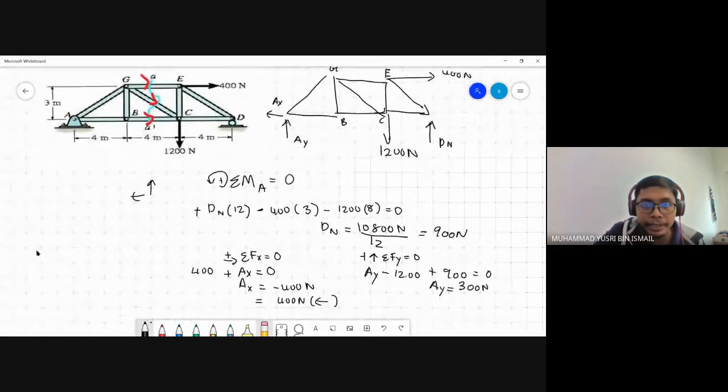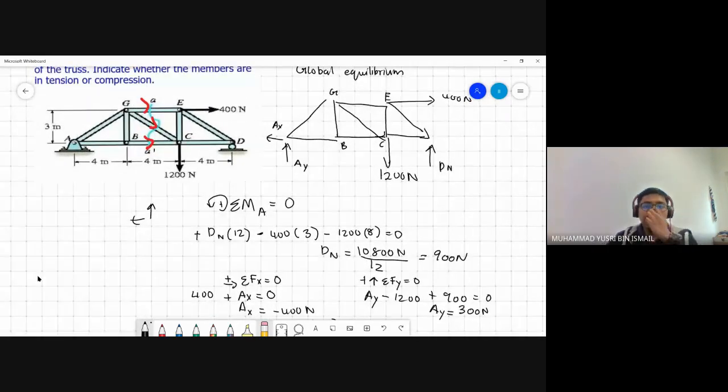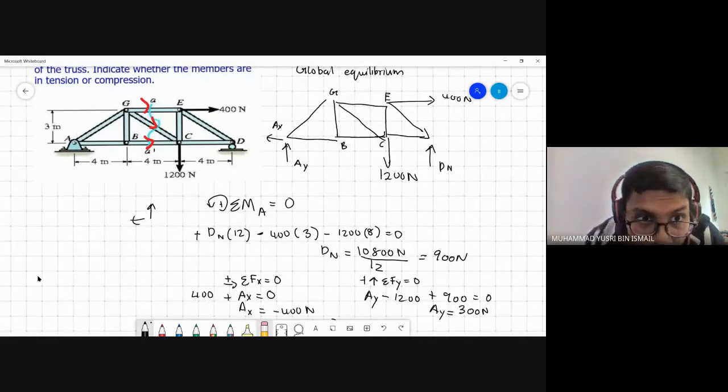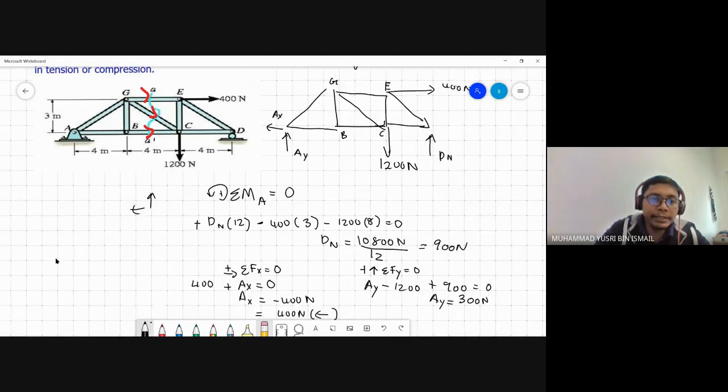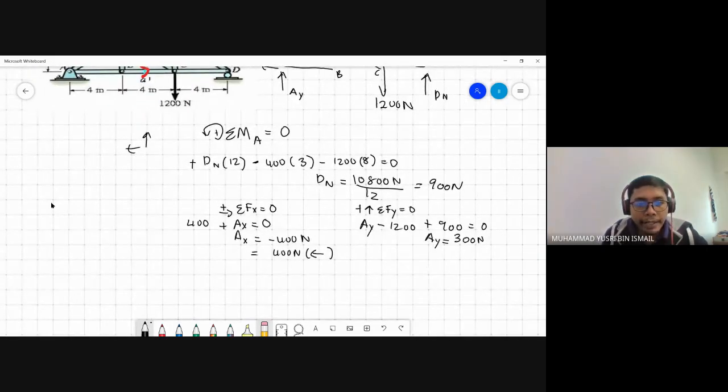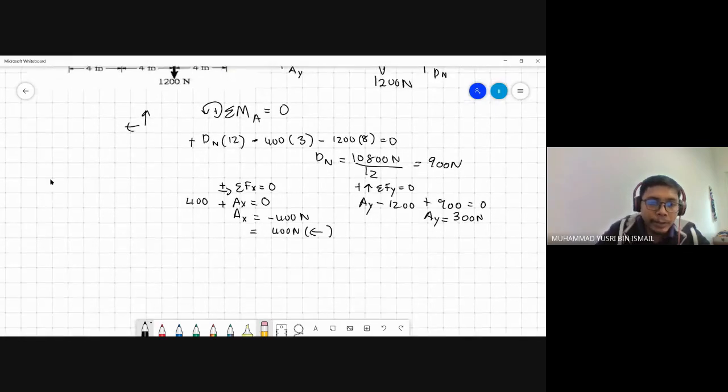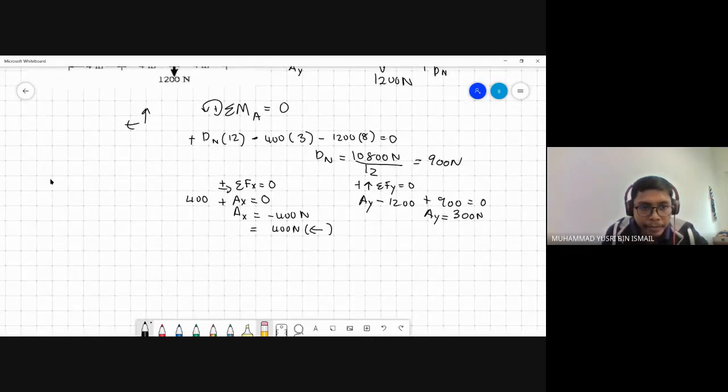Okay. From here, you need to apply the method of section in order to determine force at members GE, GC, and BC. Okay, let's say I choose left hand side. So draw the free body diagram.